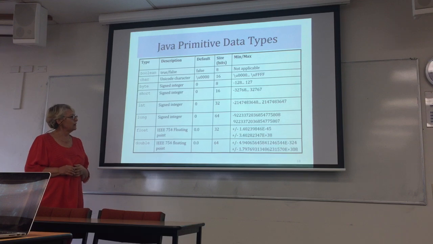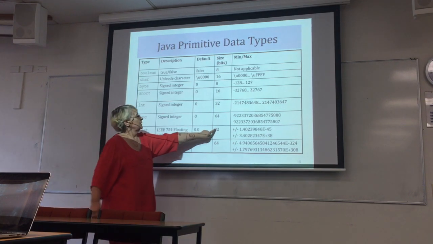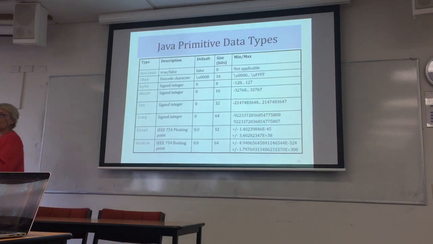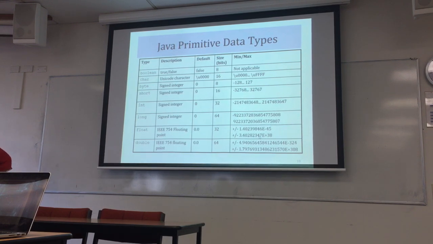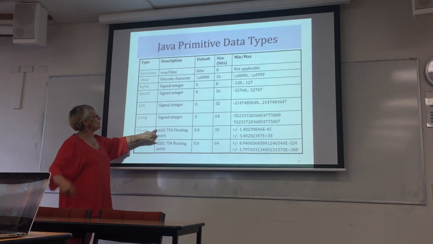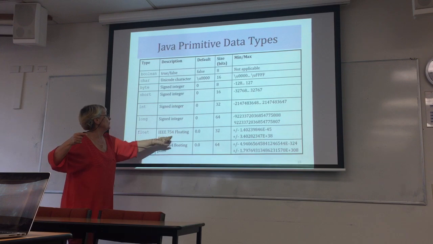Float and double have different sizes when they are working in Java, and they have different ranges, but they are of large ranges. And this stands for IEEE standard 754 floating point.